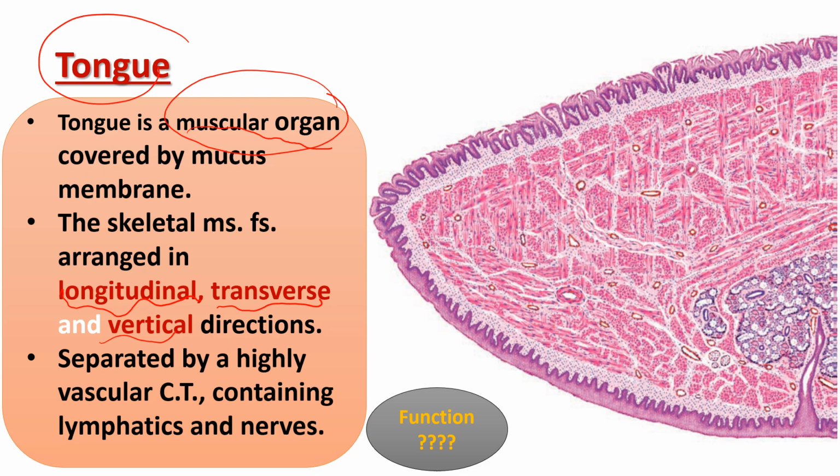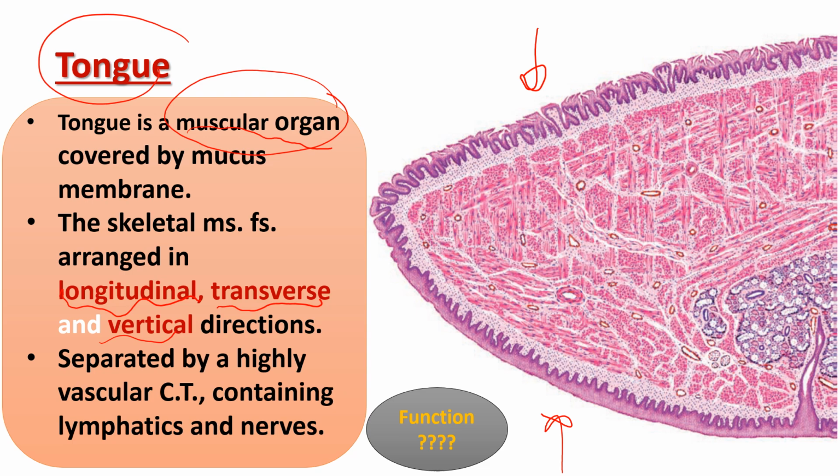This skeletal muscle of the tongue is present in three directions. What are these directions? It is longitudinal, transverse, and vertical. It is also covered by epithelium. But is there an outer and inner surface? No. Anatomically, the tongue is formed of two surfaces, the upper surface and the lower surface.